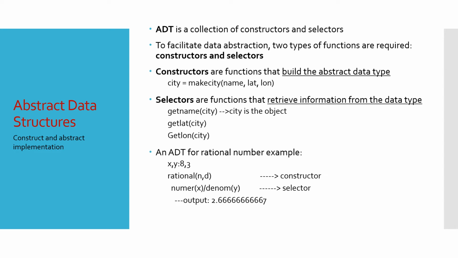In the same way, let's say you may be passing a value of a city at one point as Chennai, and you may get the name as Chennai as an answer. Similarly, get latitude will give you the value of the latitude, and get longitude as well, you will get the answer. So the first letter should be lowercase g.